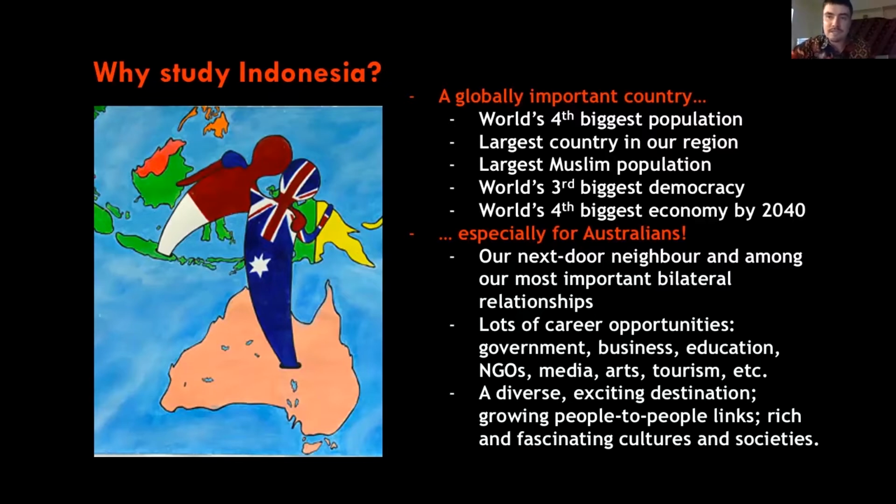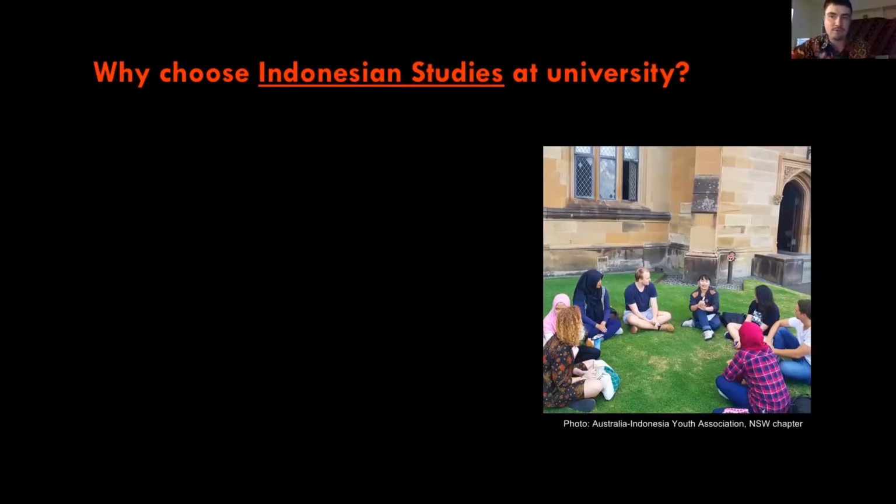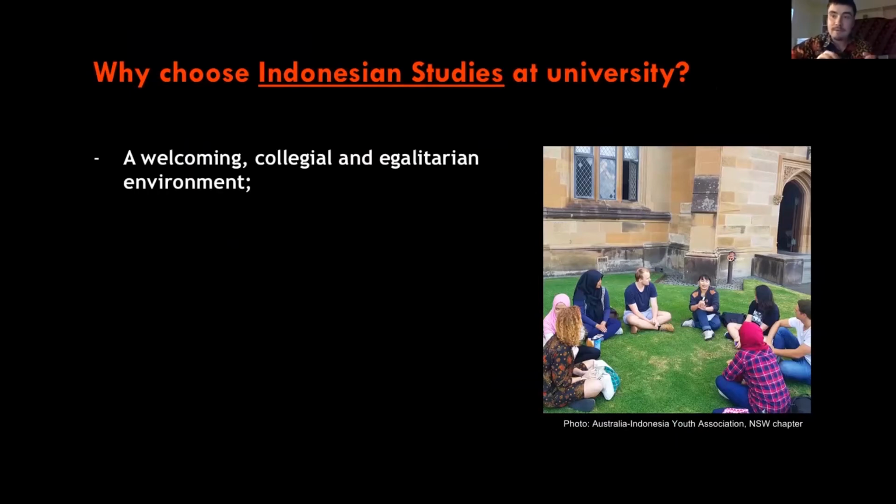But why should you choose to study Indonesian at the university level, and particularly at the University of Sydney? Well, first, our department maintains a welcoming and collegial and egalitarian environment. I think this is really important. When you're first arriving at the University of Sydney, when you're first starting as an undergrad, sometimes it can be a little bit nerve-wracking. You feel a little bit anxious. Will you have a circle of friends?